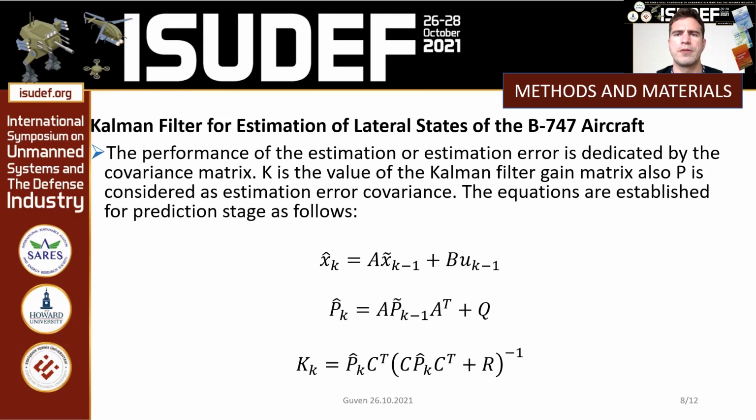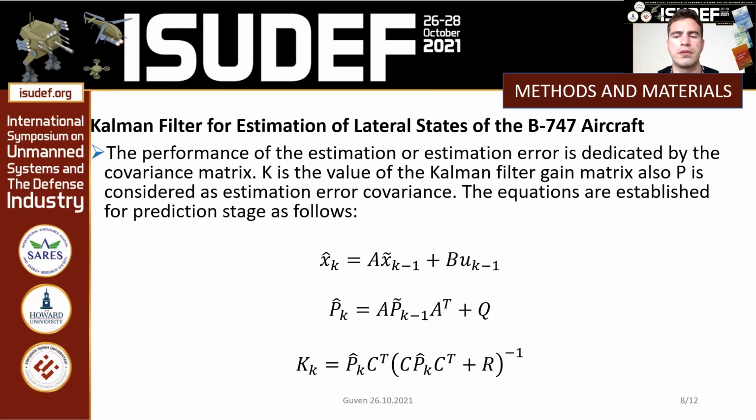We used a Kalman filter for the estimation of the lateral states. Why do we do that? Because when we lose a sensor value, the system estimates the absent sensor value by calculating it from the remaining sensor values, and it comes up with an estimation value.